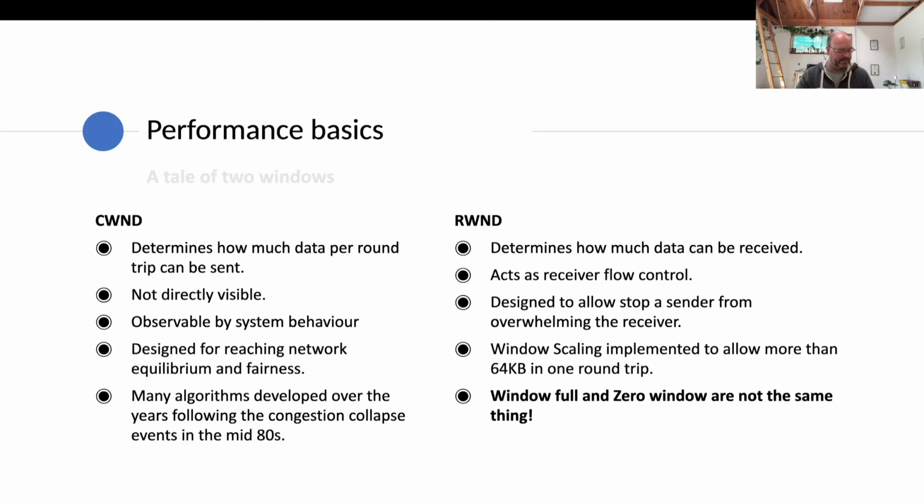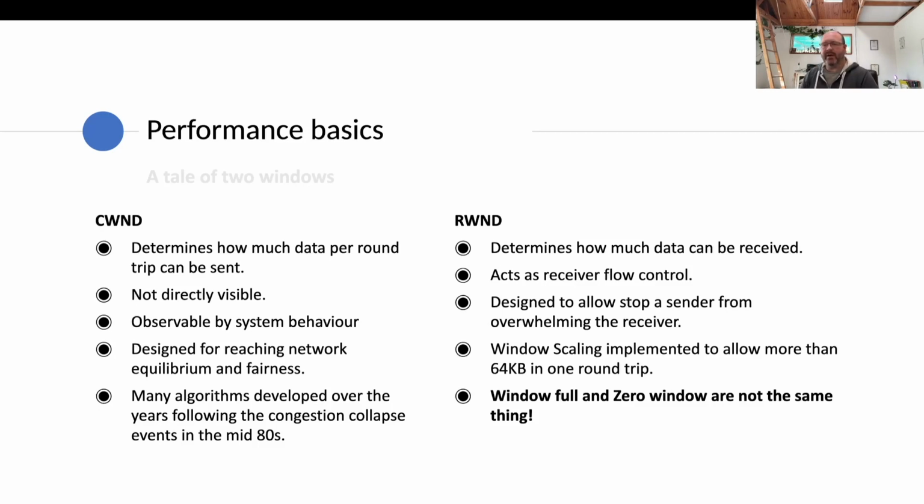This is something that UDP can't do. You can blast UDP across the wire, and there's no way for the receiver to say, hey, back off. Whereas with TCP, a delay in acknowledging the data will result in a backing off of the sender sending data.